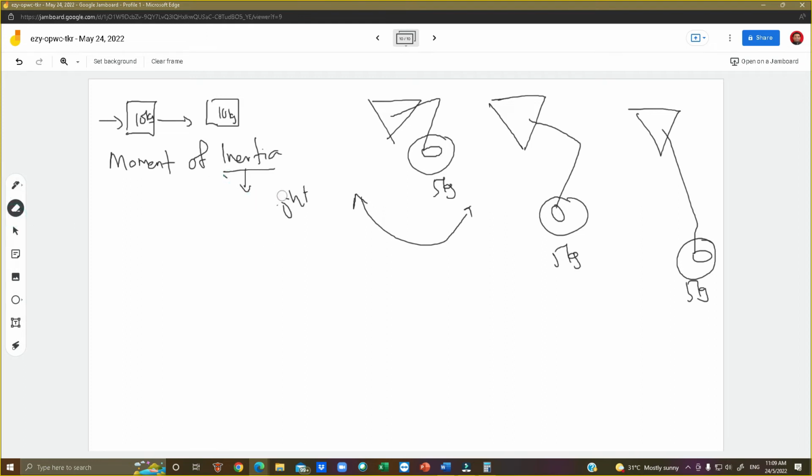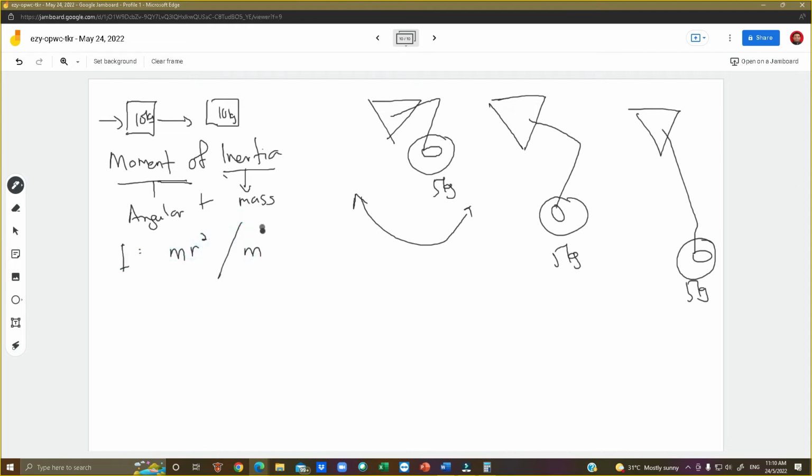It talks about mass. When we talk about moment of inertia, means we still talk about moment, but mass. Angular mass. Jadi, formula dia I equals to mr square.